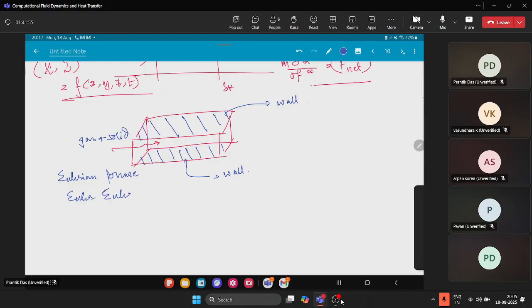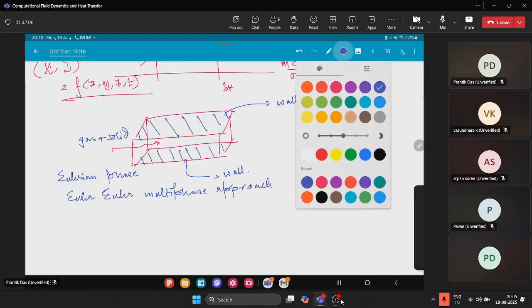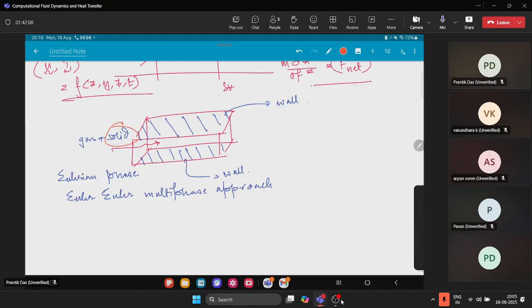Then you solve the solid by using the KTGF model, the kinetic theory of granular flow. There is a model like that; you don't have to know it as of now. What it does is consider the solid to be a continuum medium like the gas itself.